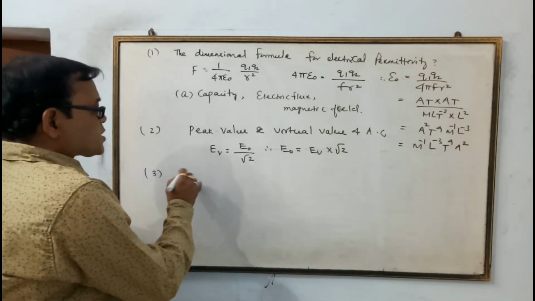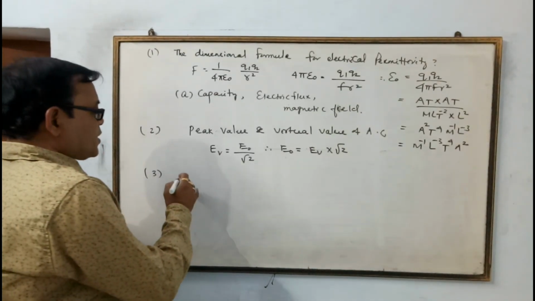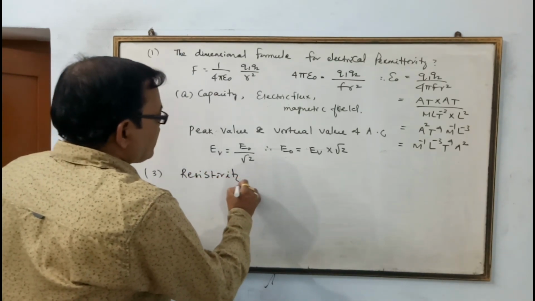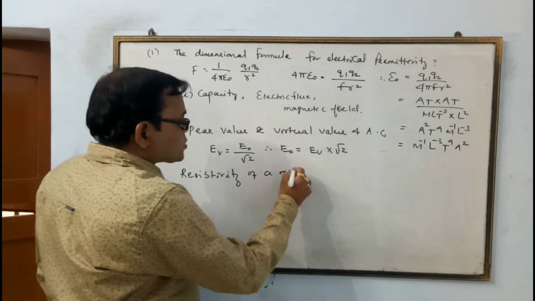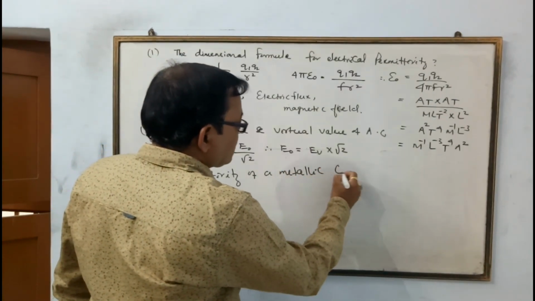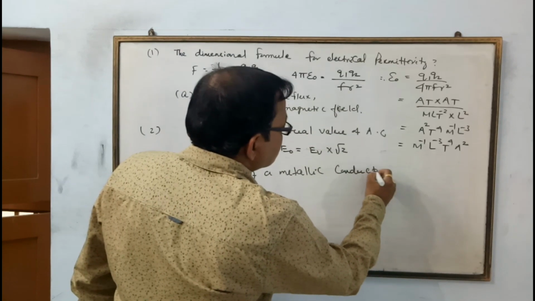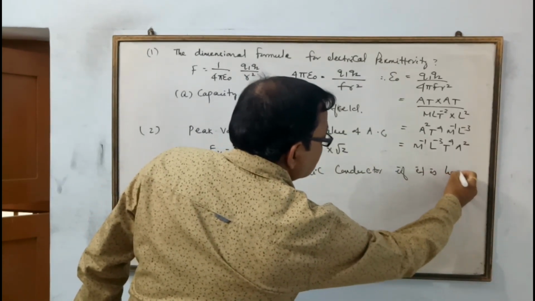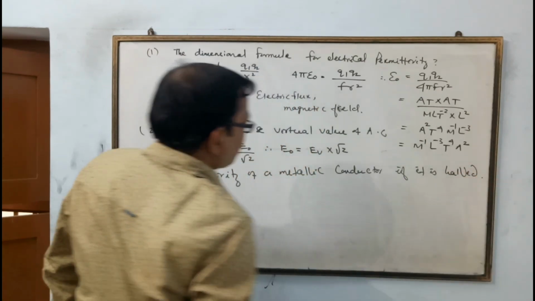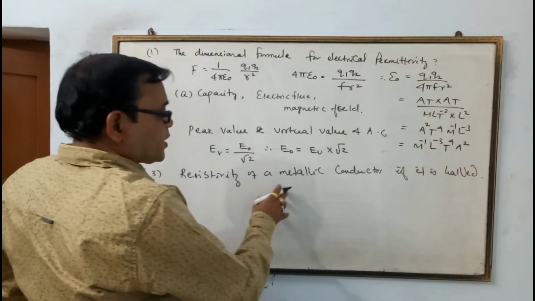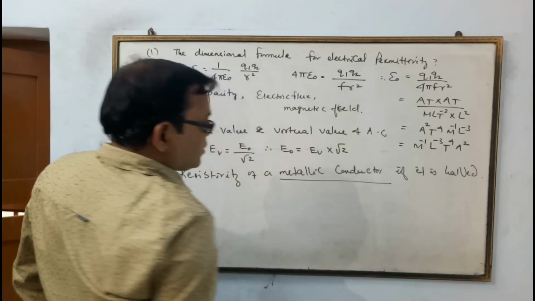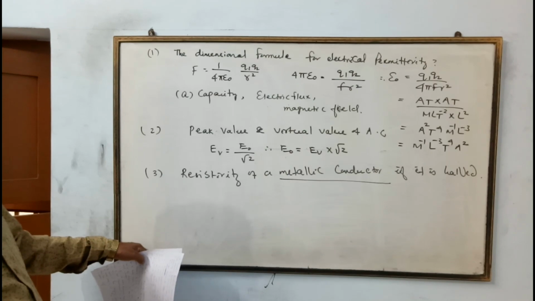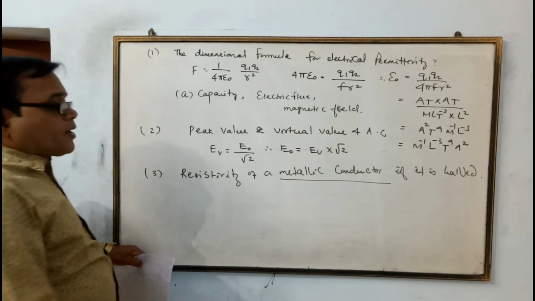Now, what happens to the resistivity of a metallic conductor if it is halved? That means if the metallic conductor gets halved, then the metallic conductor will not change into another material.